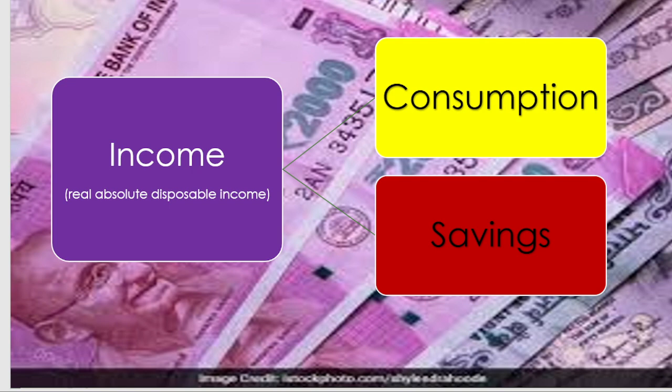Disposable income means whatever is left in the hands of the people after paying all the taxes, for making their consumption and saving. So this real absolute disposable income is the total of consumption plus saving.